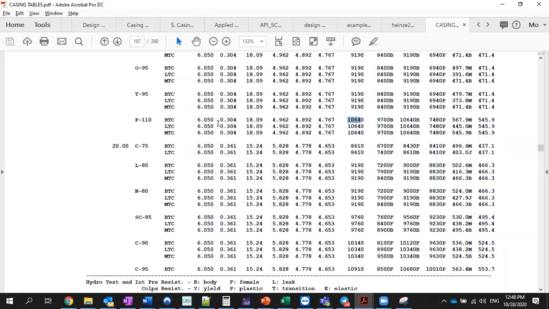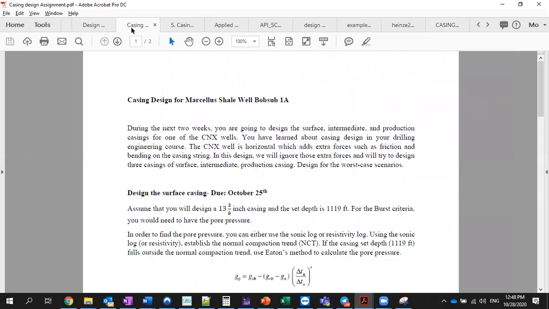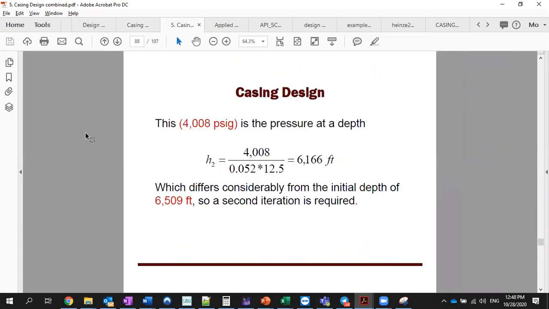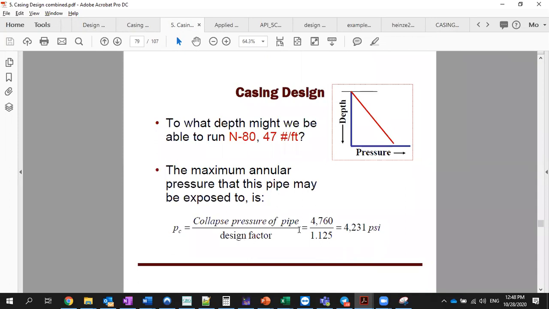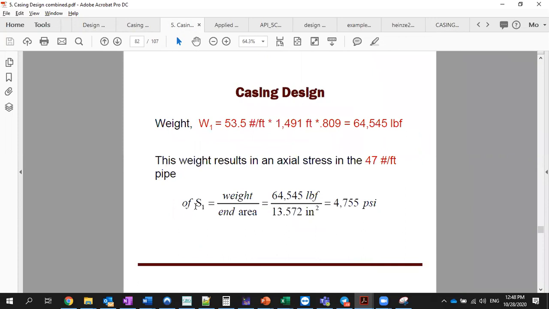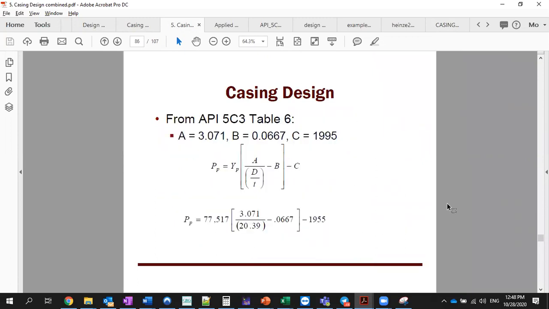You use the exact method that we discussed here to set the depths, right? And this is the exact method. You take the collapse pressure divided by design factor, find the depths, fix for axial tension, decide what type of collapse you have, calculate a new collapse rating.